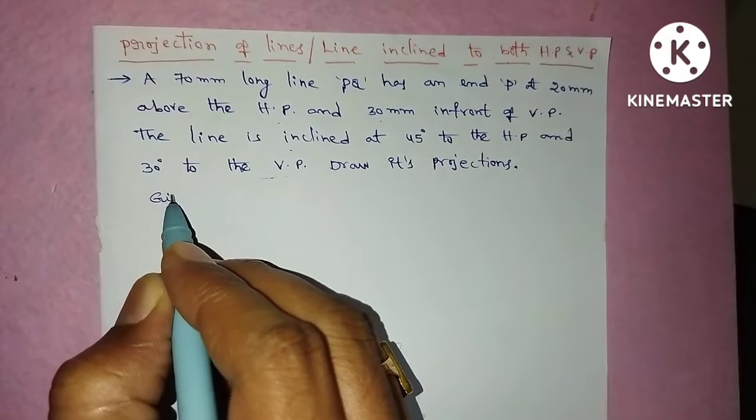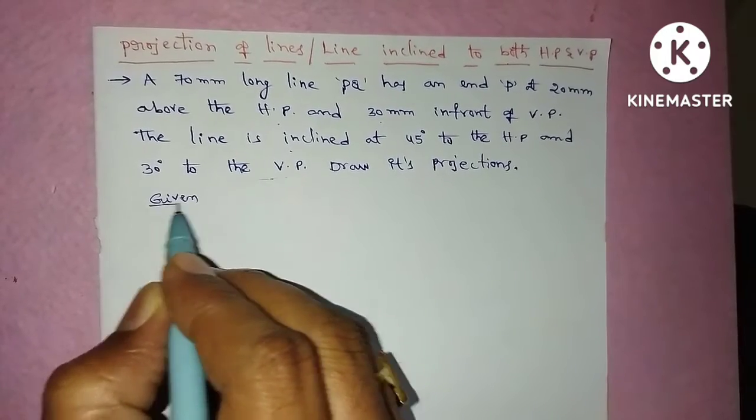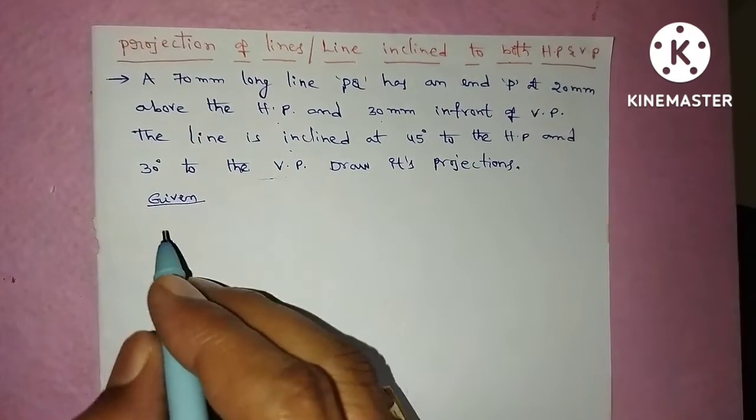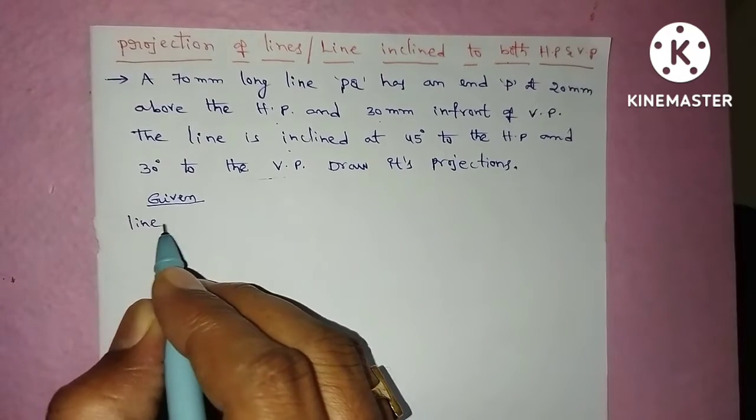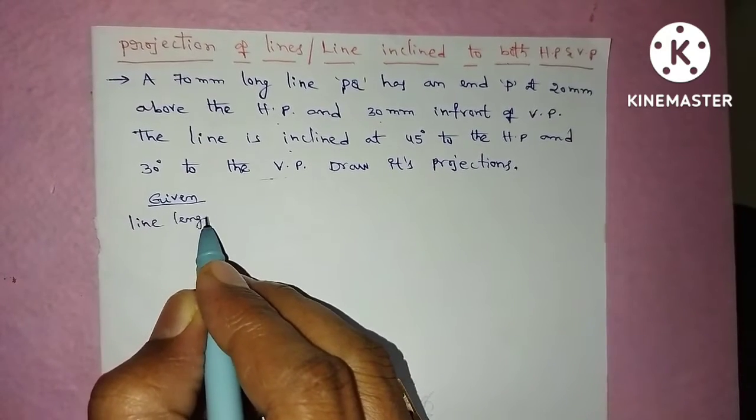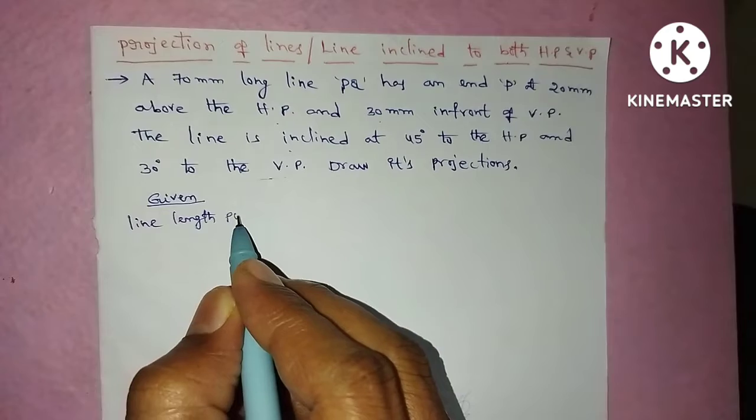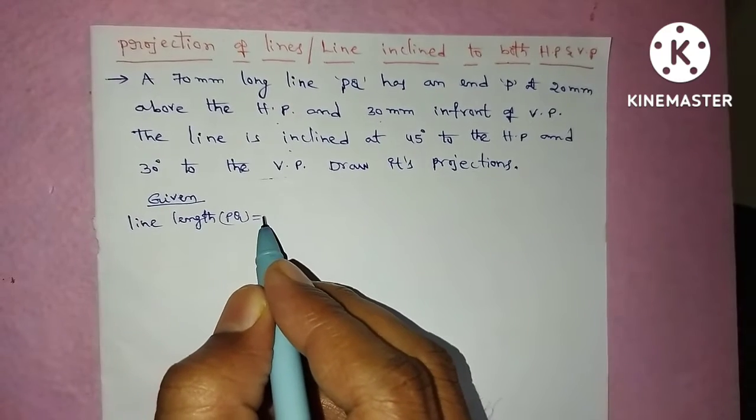So first write the given data. Length of the line PQ is equal to 70 mm.